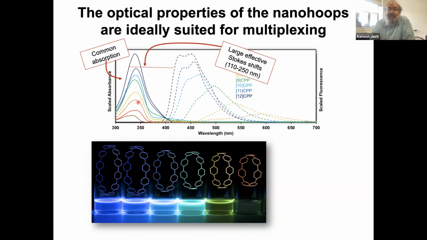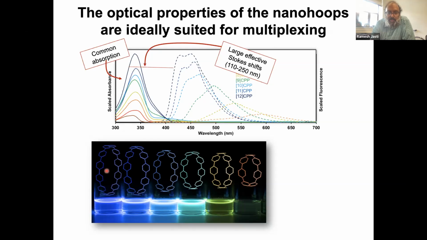So you can excite all of them at the same wavelength, and they will emit different colors depending on the size. And what happens in the emission is, in the excited state, there's a breaking of the symmetry, which gives it the proper symmetry such that it can actually fluoresce. Okay, and so you see blue to green, and it'll go to yellow eventually.